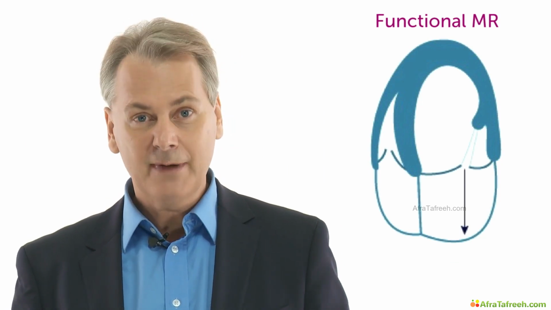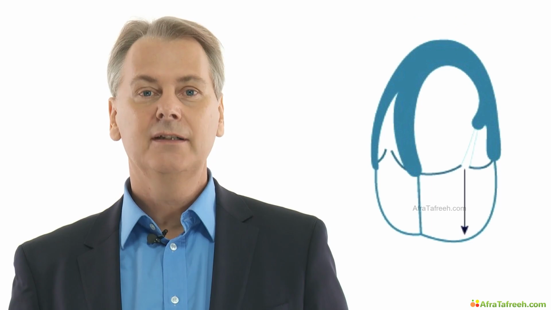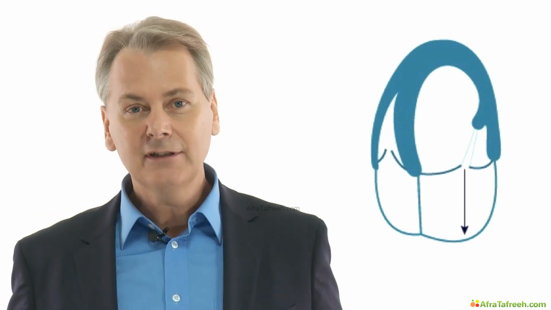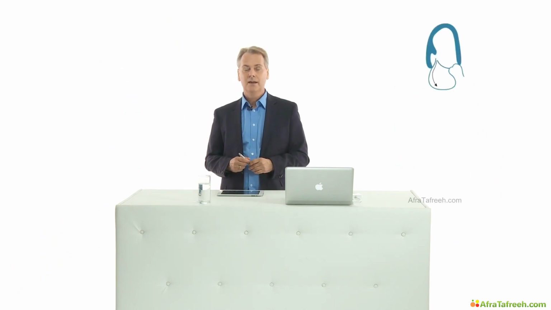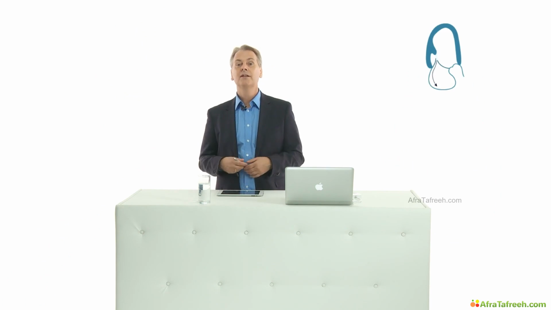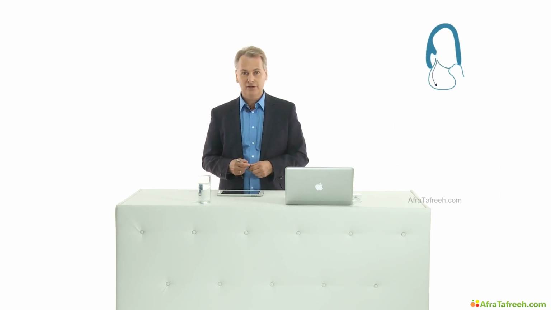The structure of the mitral valve is completely normal, but because we have annular dilatation, the valve is incompetent and we get regurgitation. But there is a second mechanism of functional mitral regurgitation as well. Some patients have a distorted ventricle, for example, after myocardial infarction.